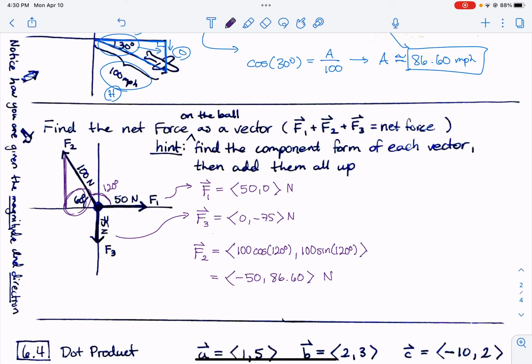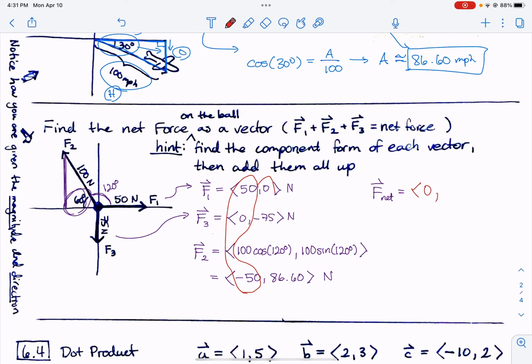But now, if we want to find the net force, we might write it as F net. We would just add up all these vectors, right? So, let's just take these x components, add all those up. So 50 plus 0 plus negative 50, that's an x component of 0.